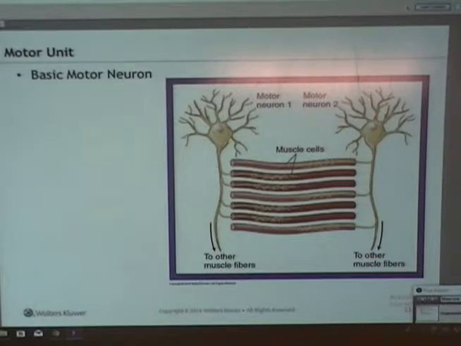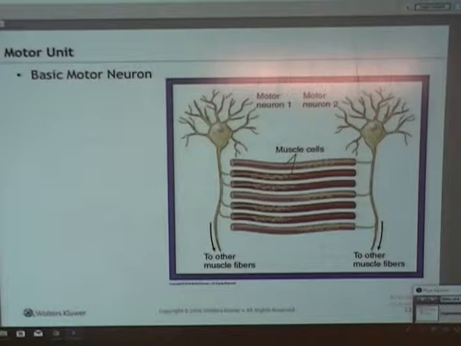When we look at a motor neuron that's synapsing in the calf, then that one motor unit may contain 1,000 muscle fibers, because I don't need fine, clean control over the calf. I want gross control. I want as much of the calf to contract as possible.